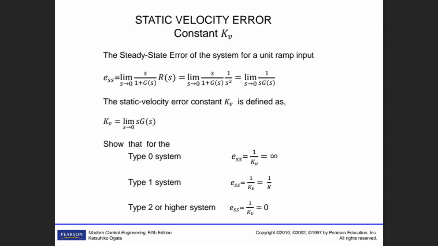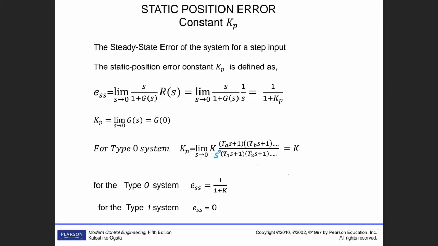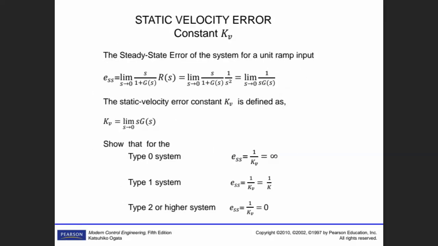slides. This is static velocity error. Static means steady state actually. Velocity error. This one is Kv. The earlier one was Kp. Now this one is Kv. Kv is equal to, of course, the same equation like this, but in that case, the input is a ramp, therefore instead of 1 over s, it's 1 over s squared, so it's sG(s).